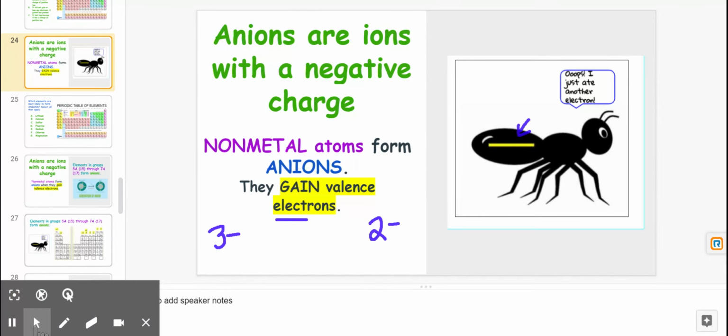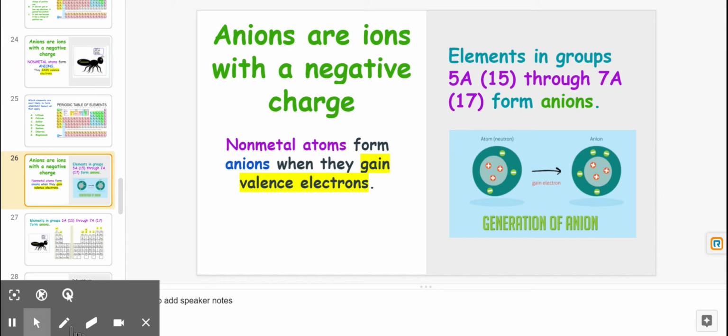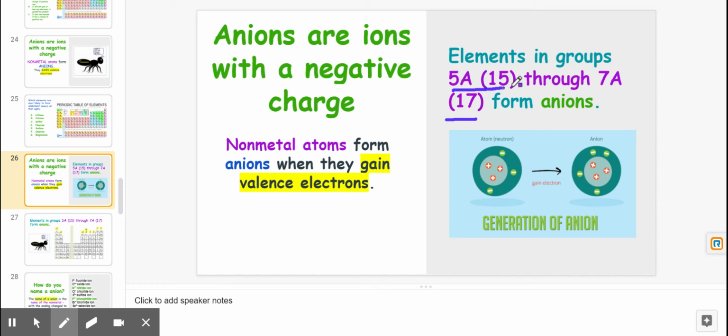And a good thing to remember, something that's been worked out and will be handy for us: elements in groups 5A or 15 through 7A or 17 are going to form anions. How do they become negative? Well, remember, electrons are negative.